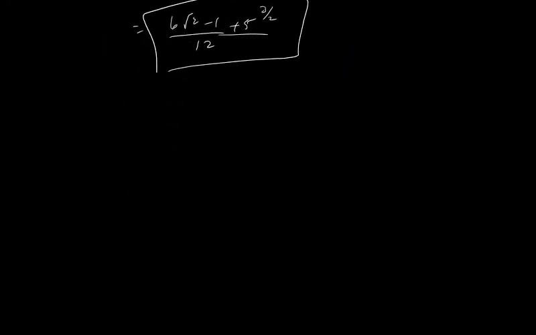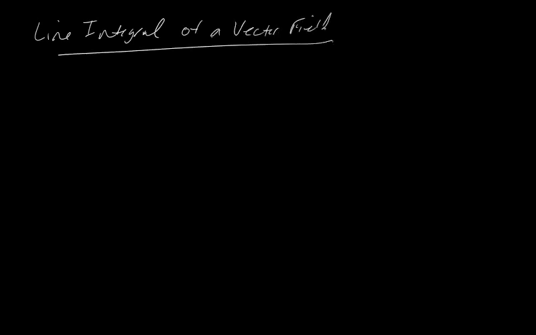Okay, so 2 more quick topics here. I don't want to spend too much time on them, but I do want to give you their definitions. So the line integral of a vector field is as follows.